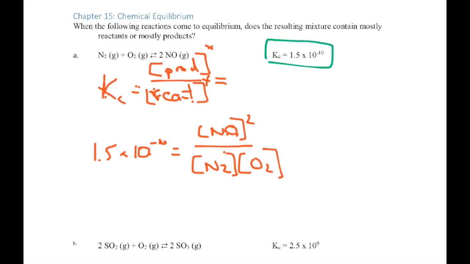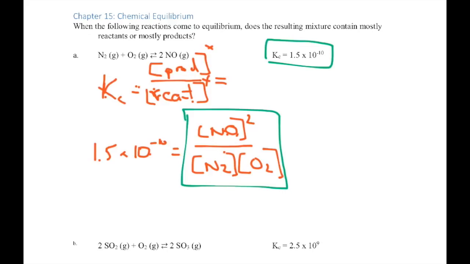So anything to the negative power is going to be extremely small, and 10 to the negative 10th is very, very small. Thus, this fraction is going to be very, very small. So in order to get a small fraction, does the fraction need to be large or small?